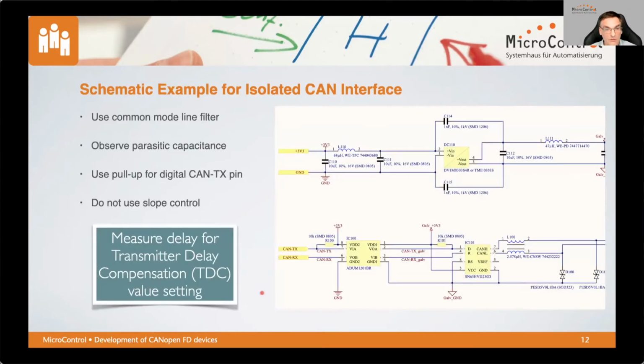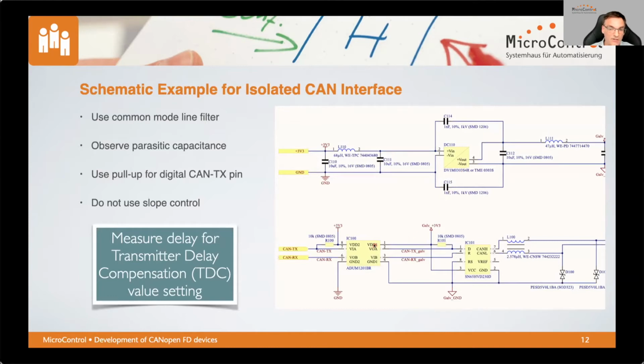What does that mean for your CAN interface? When we look at a classical design of an isolated CAN interface, we have a DC-DC converter in our classical interface.